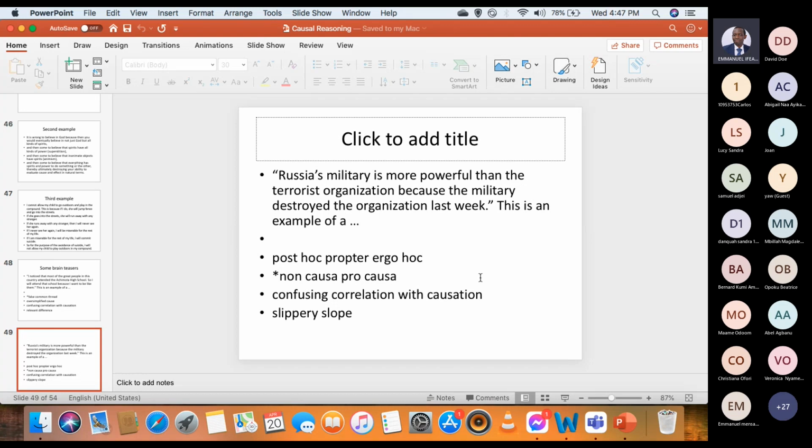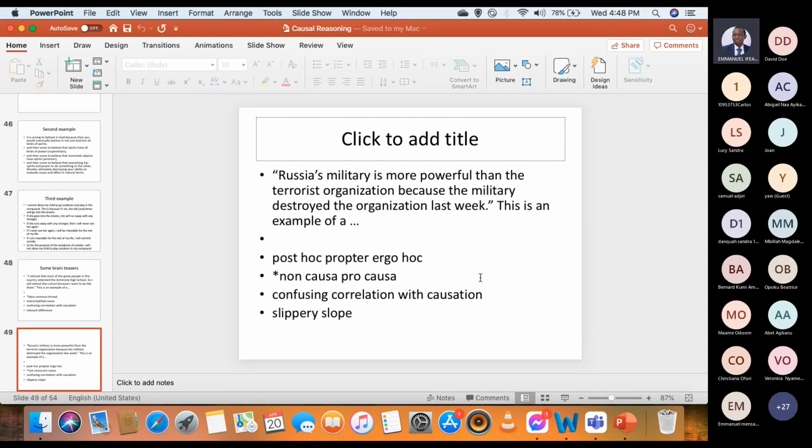Russia's military is more powerful than the terrorist organization because the military destroyed the organization last week. This is an example of post hoc ergo propter hoc, non-causal pro-causal, confusing correlation with causation, slippery slope. So you can say it's a non-causal pro-causal because the ability to destroy a terrorist organization is not what made Russia's military more powerful than the organization.